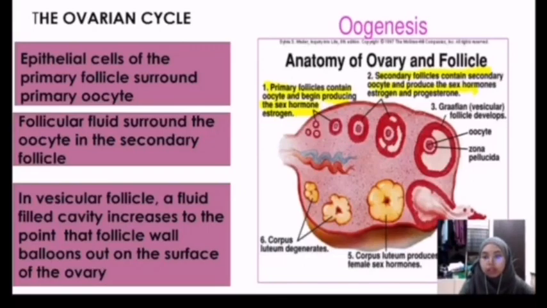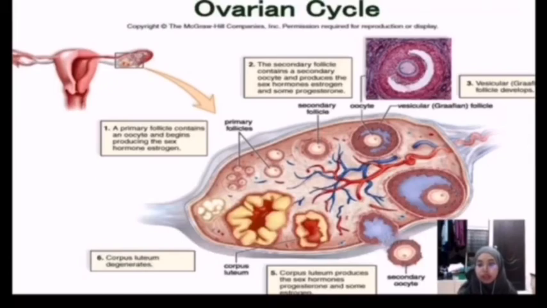So this is the vesicular follicle. So this is how the ovarian cycle works, from the primary follicle to the secondary follicle to the vesicular follicle, becoming a corpus luteum, and so on.